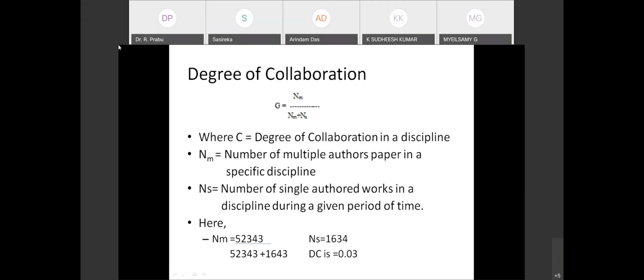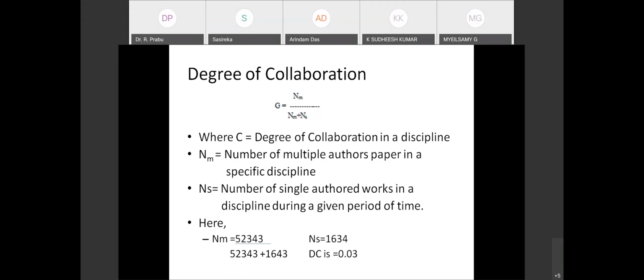So this is the formula: C = Nm / (Nm + Ns).